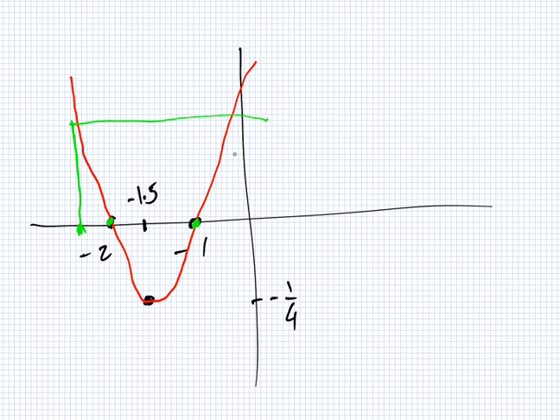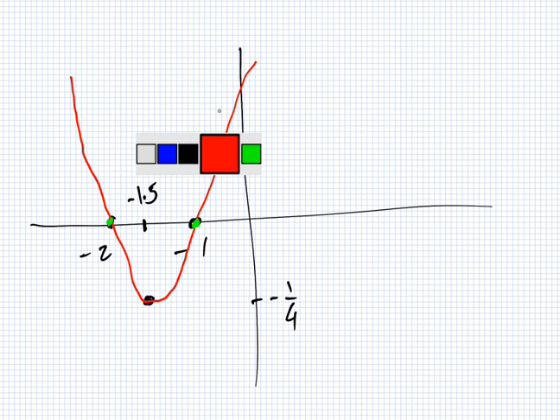But does the range fill up this set? No, the range only fills up the positive numbers. So it's not onto because the range doesn't fill up all real numbers. You only get the positives.